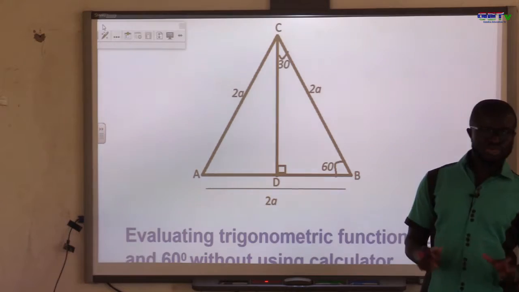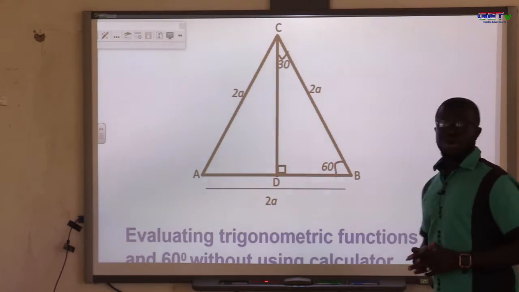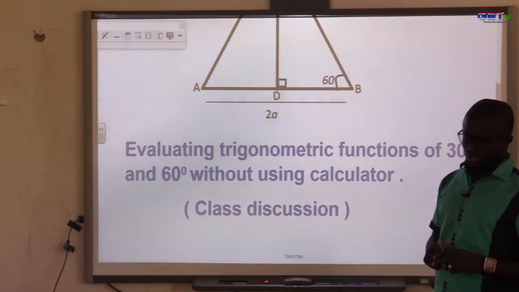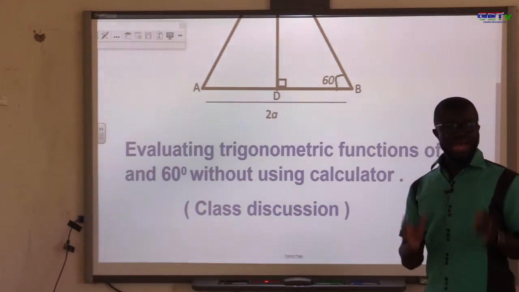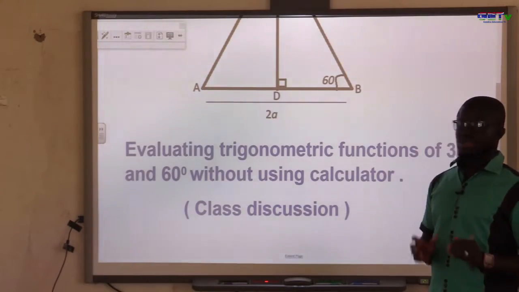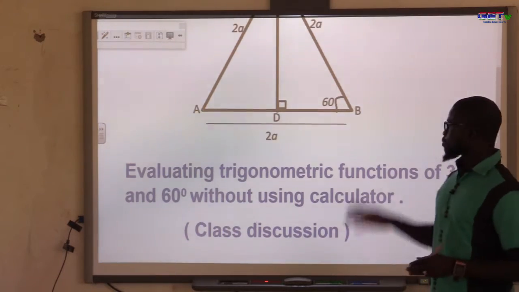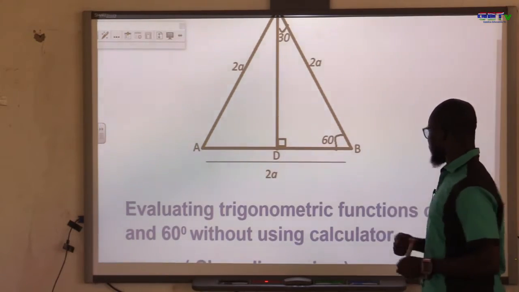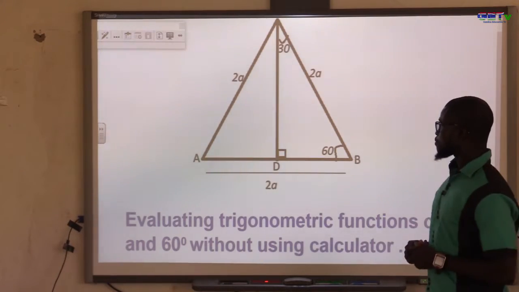If you use your calculators to punch each of these functions, obviously you will get numbers. But here now, in this discussion, we are going to see how we can use the concepts of right angle triangles under the concept of trigonometric functions to see how best we can obtain each of these values.